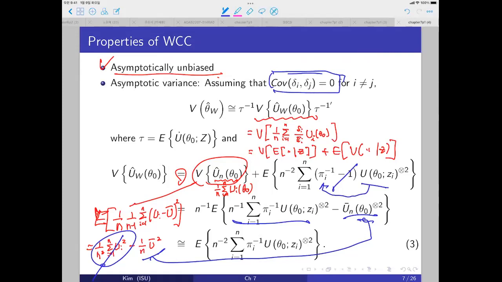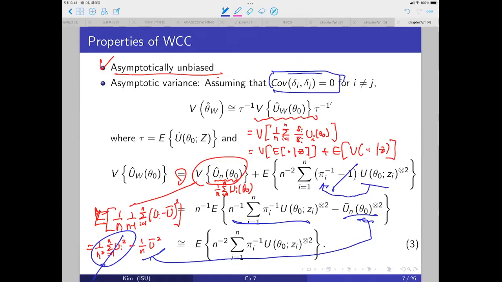So whether I respond or not is independent of whether you respond or not. It's a typical assumption we make. But here you do not need to assume the independence between Z and delta. Actually Z and delta could be correlated, so there's no problem. What I assume is the independence between delta's, different for different units.